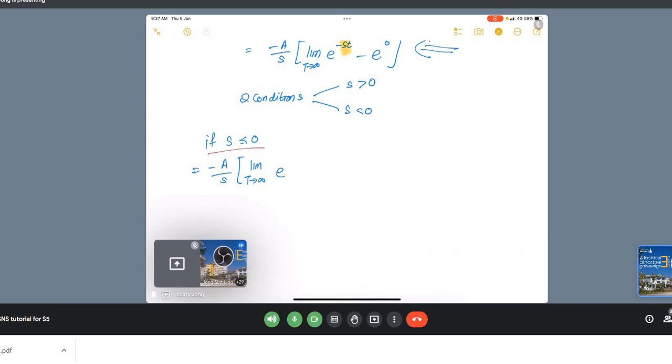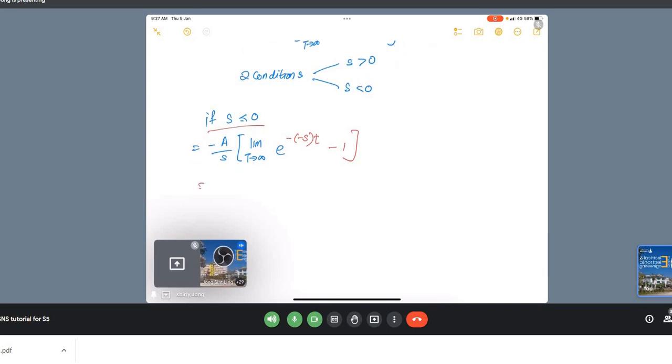For example, if s less than 0, it means it's a negative s. So if exponent negative s t like this, then minus 1, what do I get?